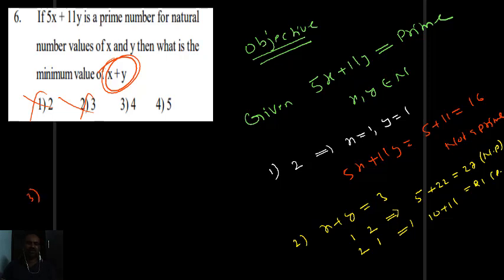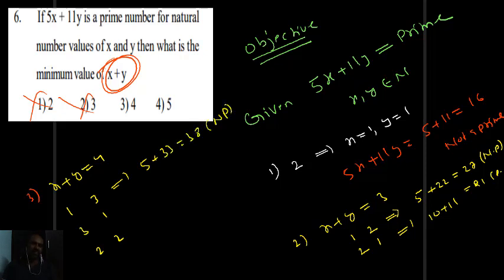If we take option 3, that means x plus y equal to 4. What are the possibilities? 1 and 3, 3 and 1, 2 and 2. If x is 1 and y is 3, then 5 plus 33 is 38, not a prime number. For 3 and 1, 15 plus 11 is 26, which is not a prime.